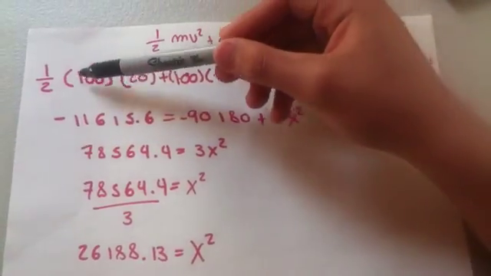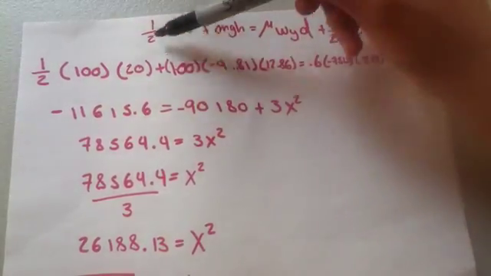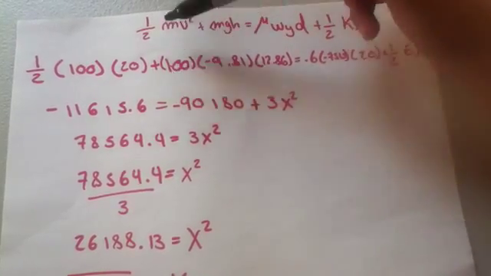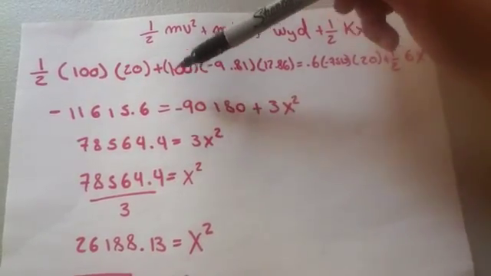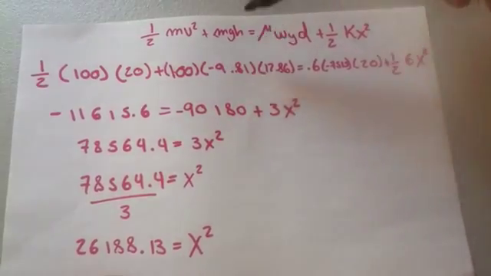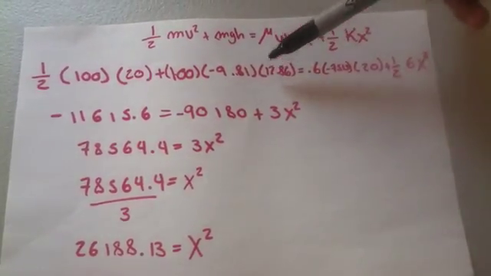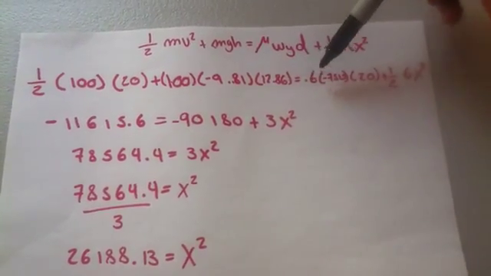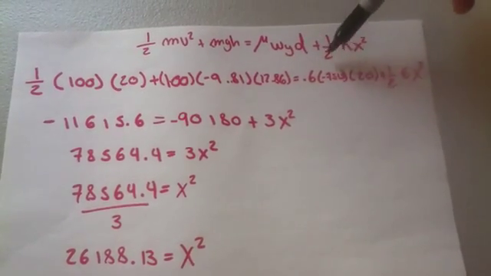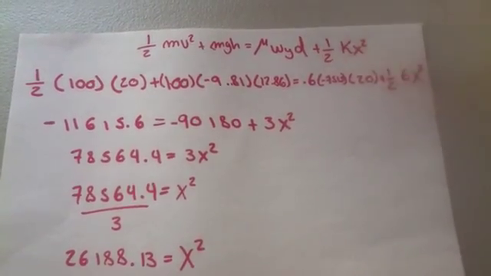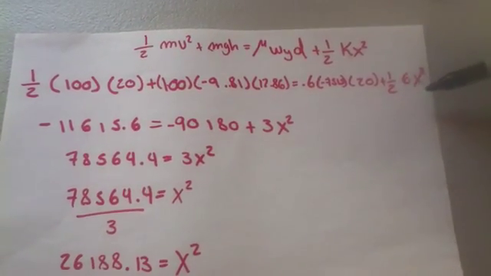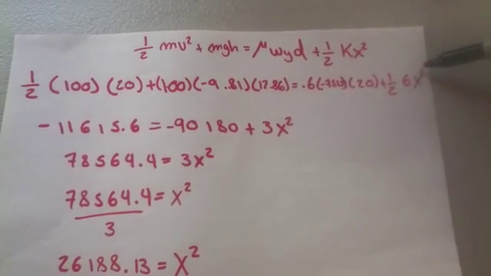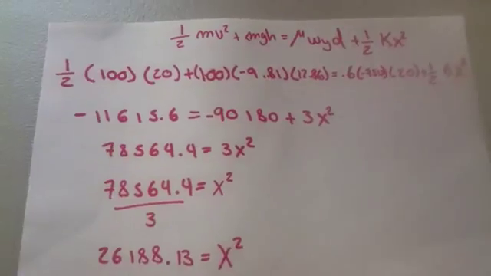Now we have 1/2 of the mass, that's 100 kilograms, times the velocity, which would be 20, plus mass again, 100, times gravity, times the height, which we just found. That would be equal to the coefficient of friction, in this case 0.6, times the weight in y, times the distance covered. This plus 1/2 of k, that would be 6x squared. Right? So we have all our values now.